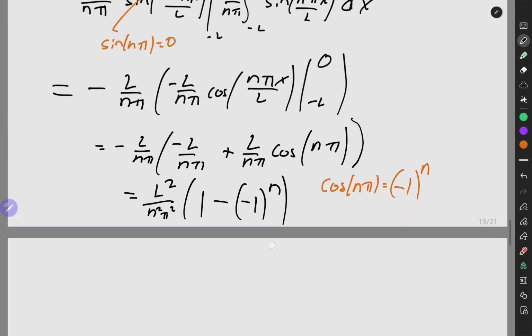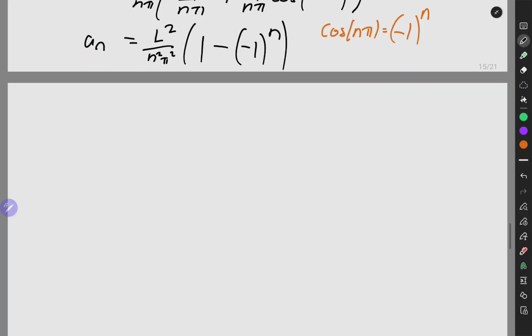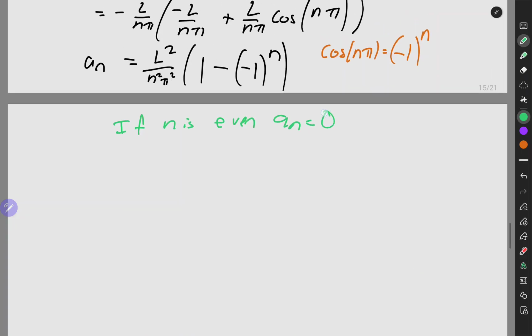So we could say, if n is even, a sub n is 0, because 1 minus 1 is 0.